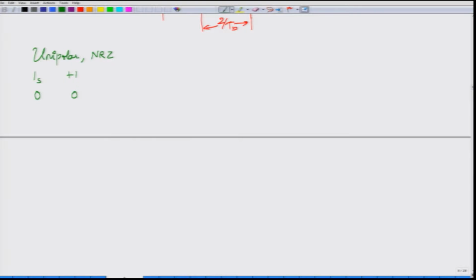The power spectral density of the unipolar NRZ format turns out to be TB/4 sinc squared(f TB), times 1 plus delta(f) by TB.